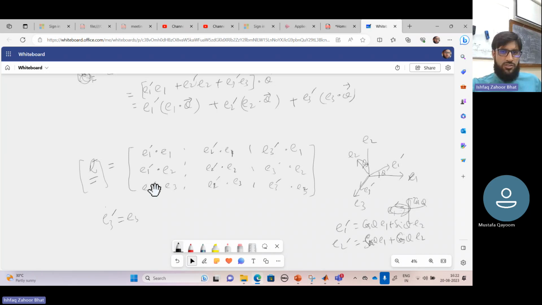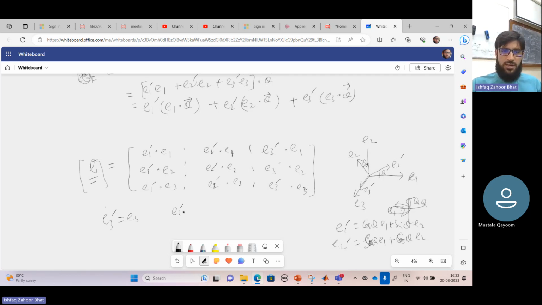So you can calculate these dot products. You have to take E1 dash dot this vector with E1. Let me evaluate the first term and then the rest you will do.